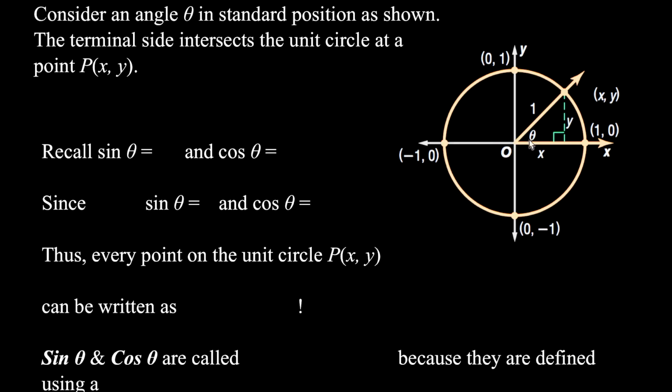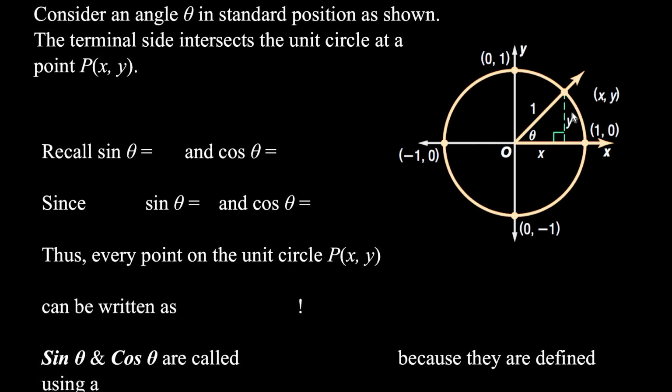Let's look at an angle theta in standard position where we have the initial side along the positive x-axis, and the terminal side as shown. And that terminal side is going to intersect our unit circle at some point P, and it's going to have coordinates x and y.